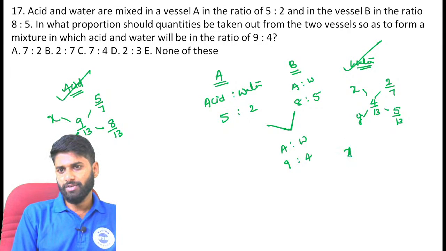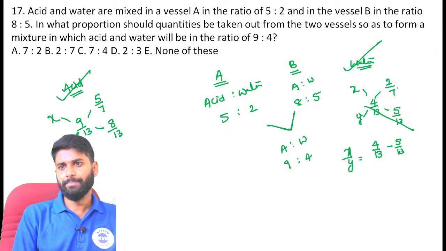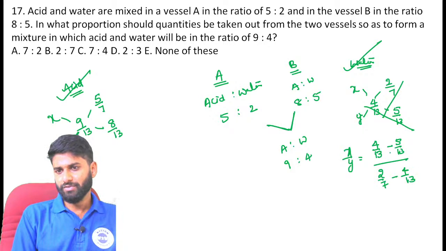Now we just find the ratio. x by y is exactly equal to (4/13 minus 5/13), all these values being similar, divided by (2/7 minus 4/13). Now see, here 13 is the LCM, we get -1. And again the LCM becomes 7 into 13. 7 into 13 is the LCM.